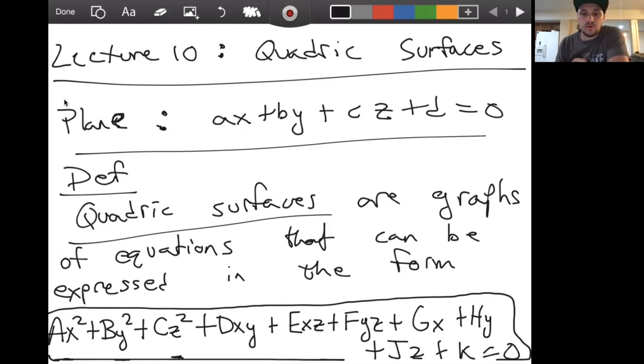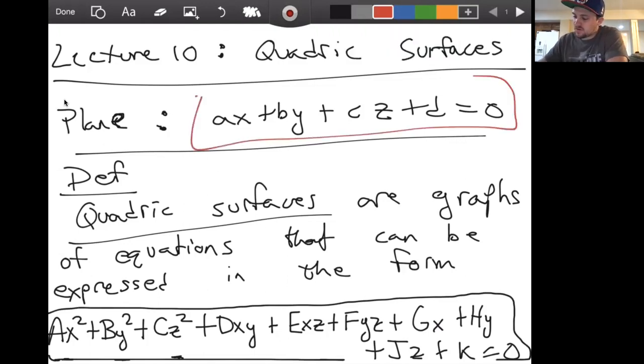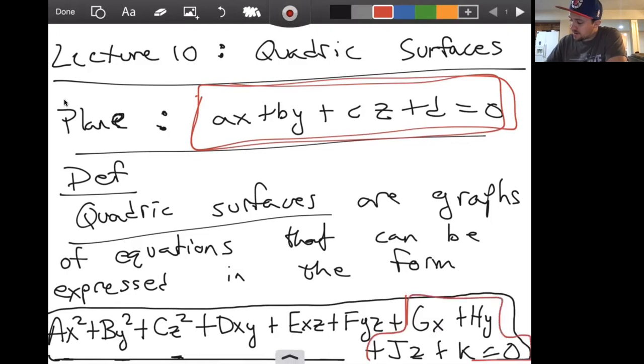They give us different surfaces based on the different values, right? And so equations of planes are a very small subset of quadric surfaces, because for a plane, A, B, C, D, E, and F were all 0. For a plane, we were just looking at this here.